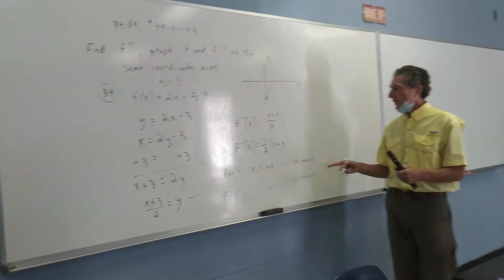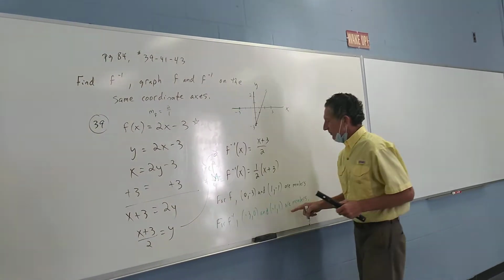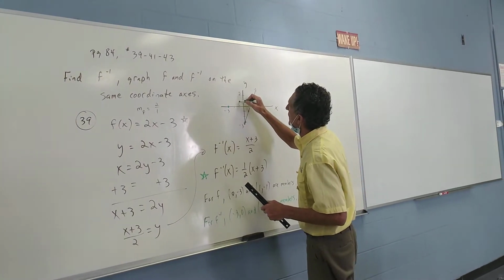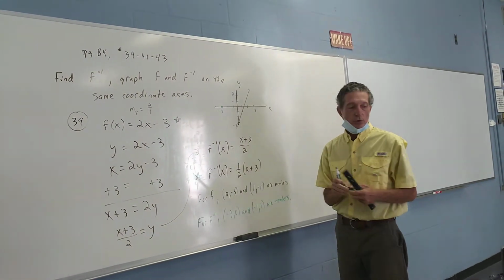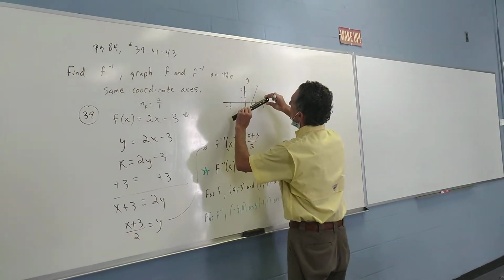See. So I'm going to plot -3, 0. And I'm going to plot -1, 1. Left 1, up 1. Using my ruler, I will graph the line which represents f inverse for this problem.